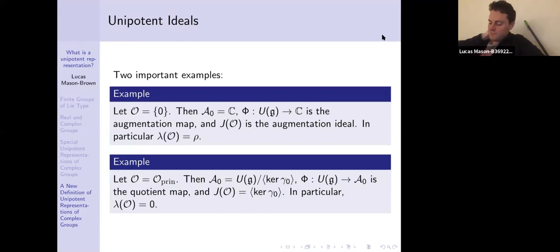If the orbit is the zero orbit, then this co-moment map is just the augmentation map, and the unipotent ideal is just the augmentation ideal, which has infinitesimal character rho, which is good because rho is the infinitesimal character of the trivial representation. On the other extreme, if O is the principal nilpotent orbit, then this canonical quantization is the central reduction at infinitesimal character 0, and J of O is just the unique primitive ideal with infinitesimal character 0.